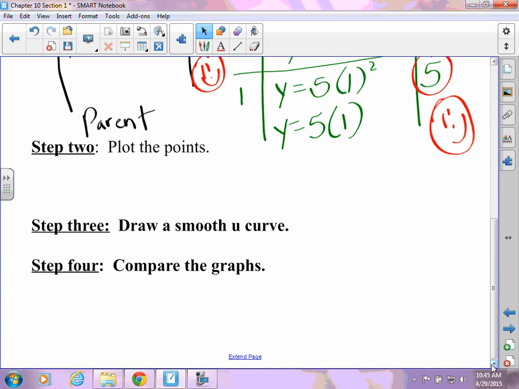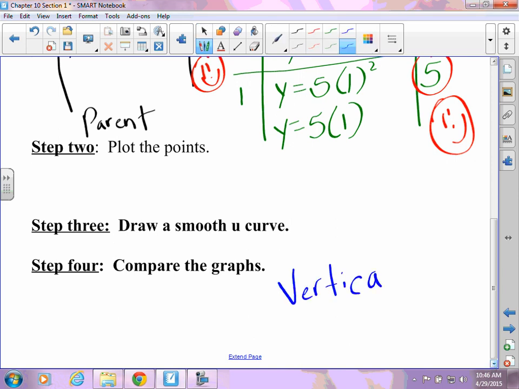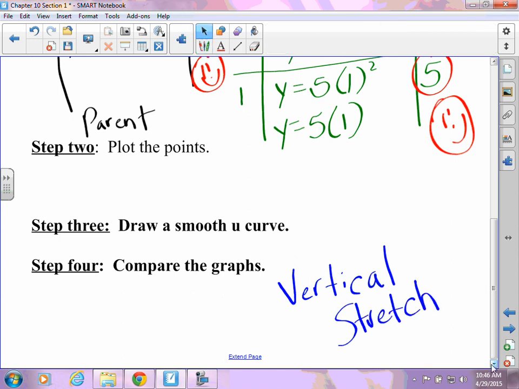So if you remember when we did exponential graphs, remember we had vertical stretch or vertical shrink. Remember that? Vertical stretch, remember, is when it's real skinny and goes up quicker. Vertical shrink is when it's fatter, right? And it's more open. So if it's more open, it's a vertical shrink. If it's more vertical and goes up quicker, it's a vertical stretch.